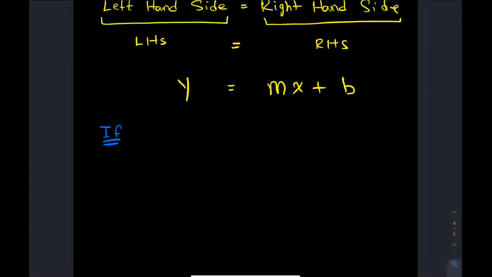If left-hand side does equal right-hand side, the point is on the line.